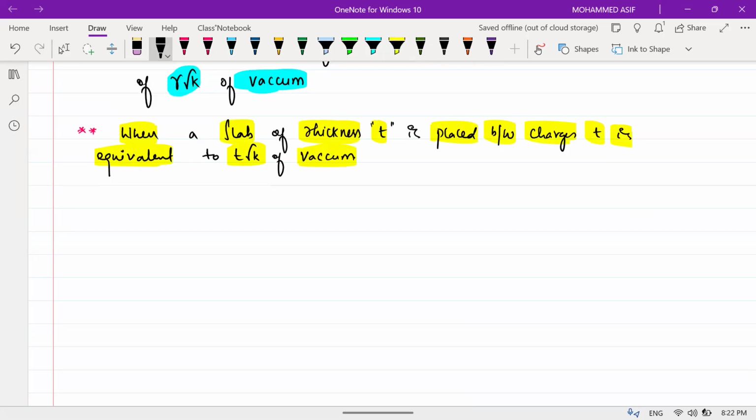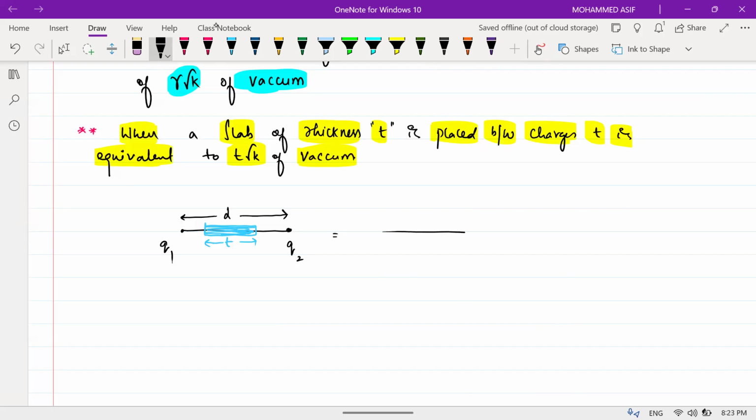Let me draw it with an example. Here we are having two charges. This one is say Q1 and this one is say Q2, and in between there is a slab like this. The thickness of this one is T. The distance between them is say D. Now if I remove this one, then in vacuum, what will be the distance?